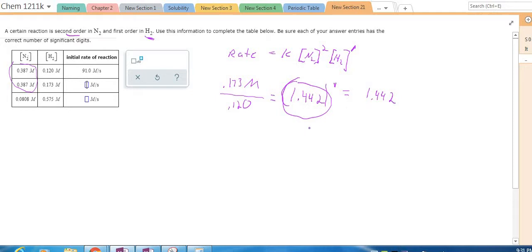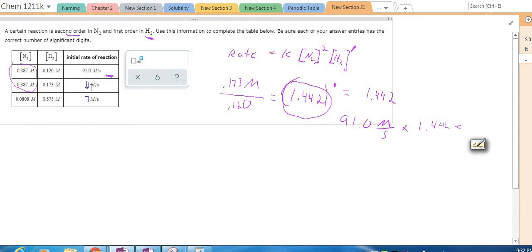So what I can do then is take that initial rate right here, 91.0 molarity per second. I can then multiply that by the magnitude of this change, which is 1.442, and that should give me my answer for that first box.